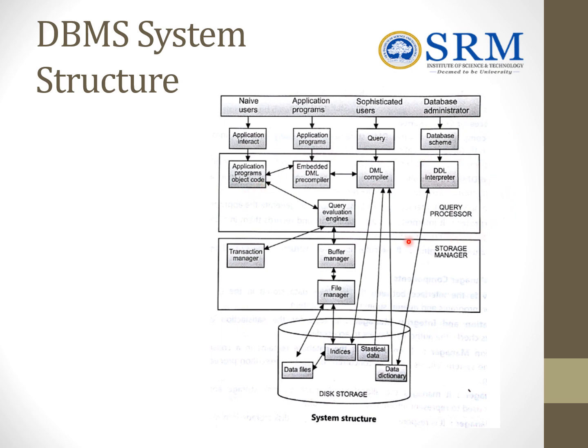Coming to query processing, it includes a DML compiler, embedded DML precompiler, DDL interpreter, query evaluation engine, and then application program object code. Coming to the storage manager, it includes buffer manager, transaction manager, and file manager. Coming to the disk storage, it includes data file, data dictionary, index, and statistical data.